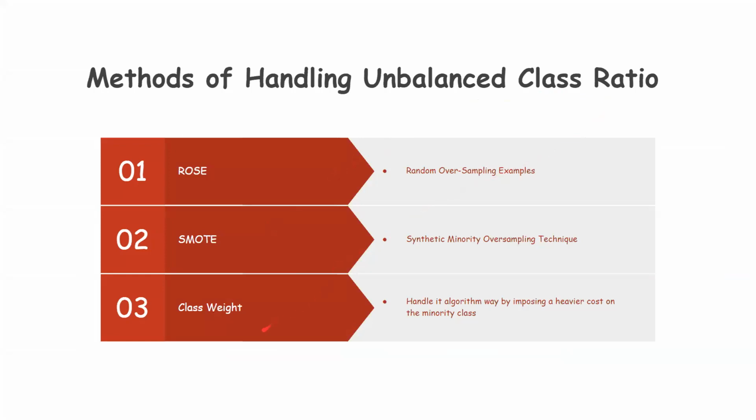The one that is class weight is handled from the algorithm way. That means, let's say you are predicting hepatitis, right? We have fewer samples there. So you impose a heavier cost to let the model know that it's more important compared to the blood donor class itself.